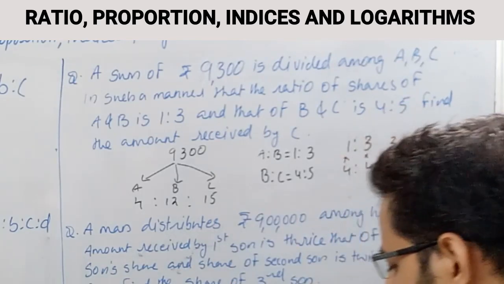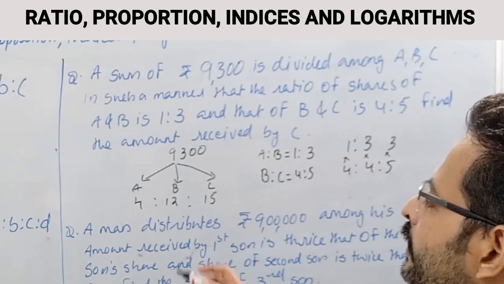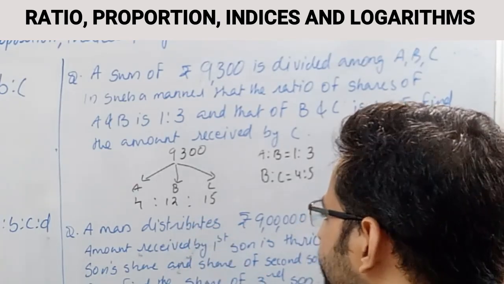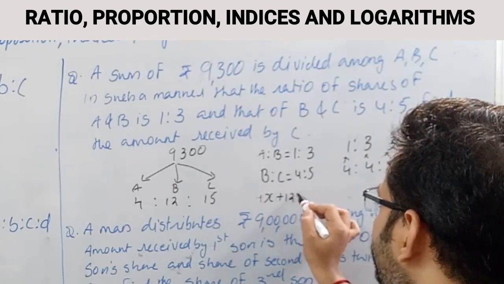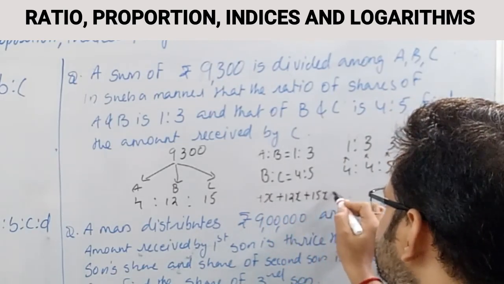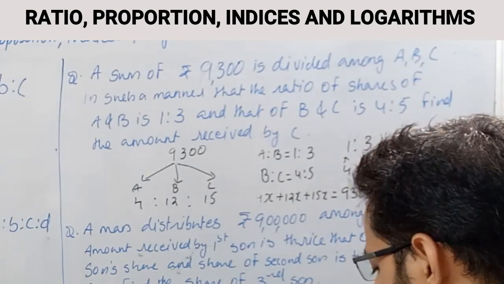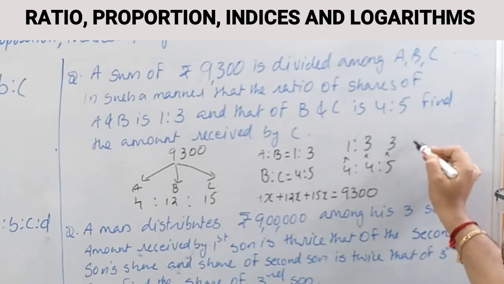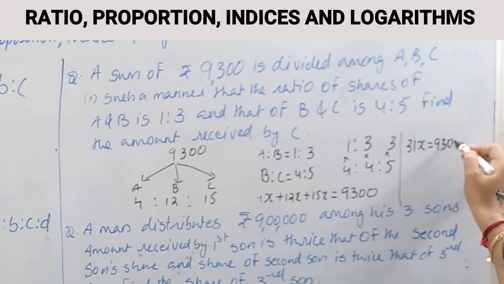That means the amounts received can be taken with the same non-zero number: 4x plus 12x plus 15x is equal to 9,300, that means 31x is equal to 9,300.